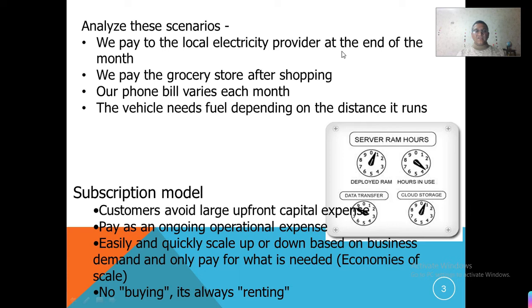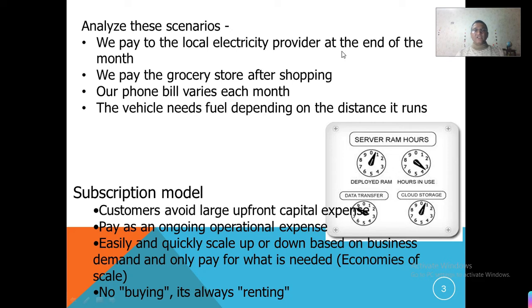All the things we have talked about are based on the subscription model, and the beauty of this model is, the first point you can see on the screen, that customers avoid large upfront capital expenses. The meaning of this is that if you want to consume any service, product or resource, you are not going to produce it. For example, if I want to use electricity in my house, I am not going to install a generator or some smart grid to generate it.